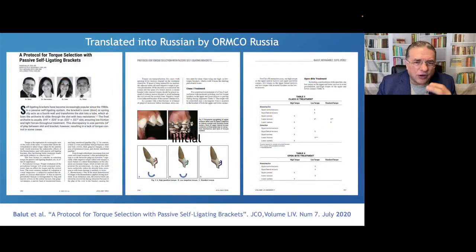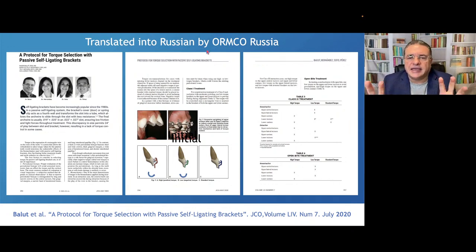So I recommend you have this article, which I wrote in 2020, 2 years ago. This article is translated into Russian by Ormco Russia. You can get it from them.